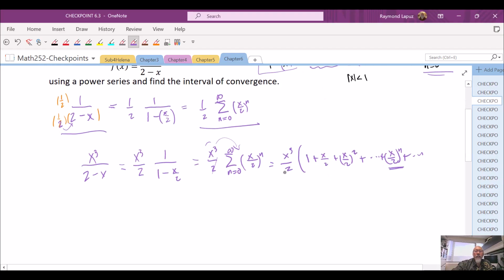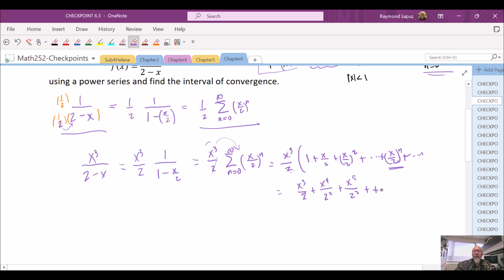Now if we distribute this, we're going to have x cubed over 2 times 1 plus, now we have x cubed times x, so that's x to the 4th over 2 times 2, so that's 2 squared, plus, and then we have x cubed times x squared, so that's x to the 5th over 2 times 2 times 2, which is 2 to the 3rd.